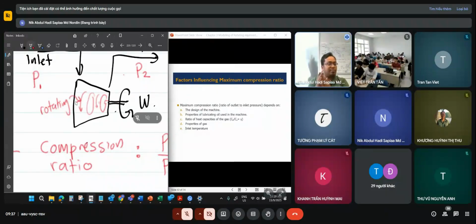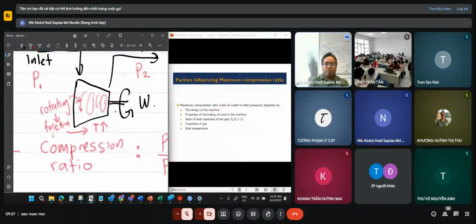When you have something rotating or some mechanical action going on, there would be friction. The most obvious example is when you put your hands together and rub them. You can feel that the temperature at the palm of your hand increases. So with this rotating, because of the friction, you would have temperature increase.